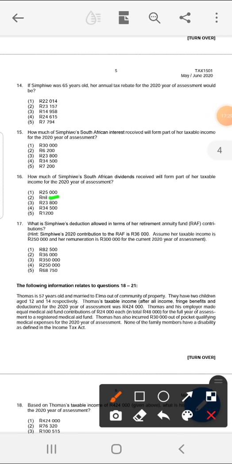What is the deduction allowed in terms of the retirement fund contributions? Okay, hint: the contribution to the RF is 36,000. Assume her taxable income is 25,000 and her remuneration is 30,000 for the current year. So here you need to use the information that you are given in the hint.